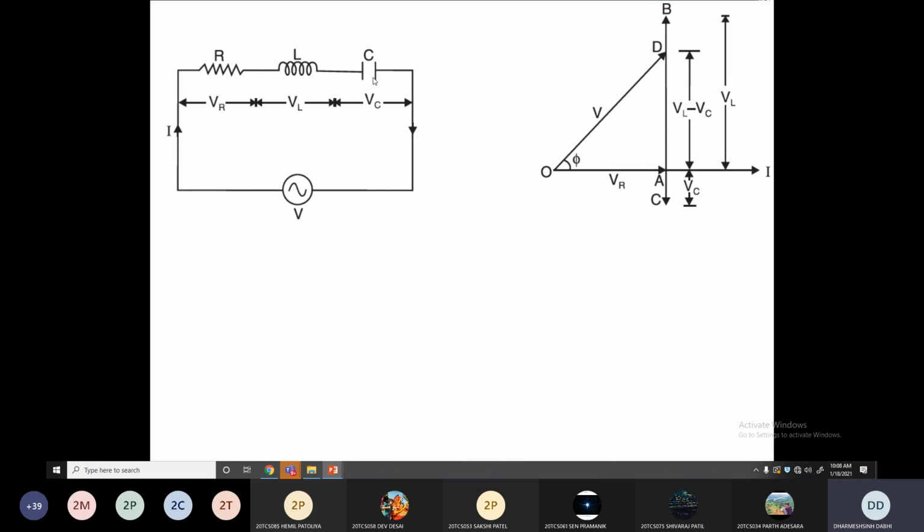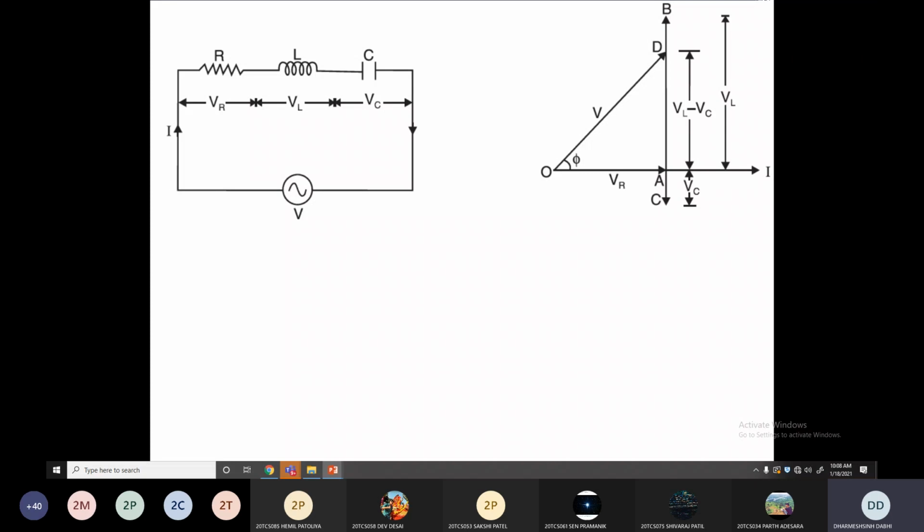As we know, when the value of inductive reactance XL is more than capacitive reactance, you get more voltage drop across the inductor. It means VL is greater than VC.